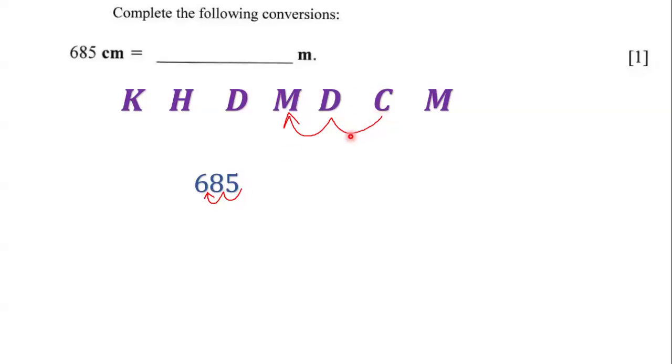So we basically mimicked what we did up here, right? Now, when I did that, I got 6.85. Did anyone else get 6.85? Very good. So the answer is 6.85 meters. So there's another way we could do it.